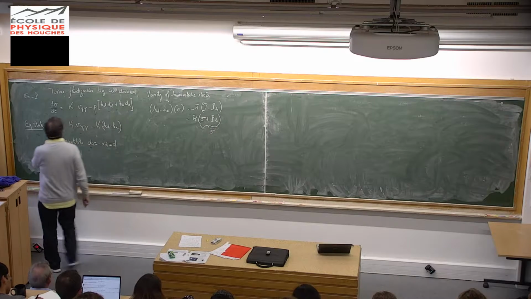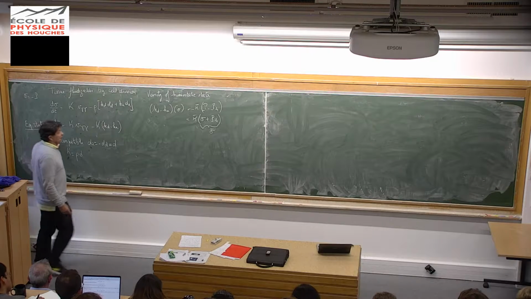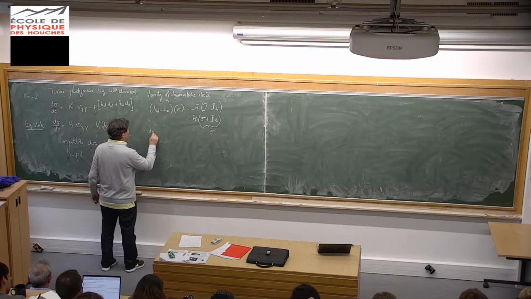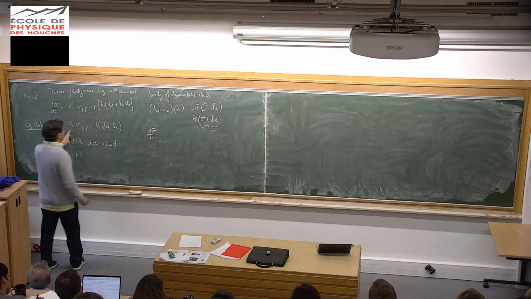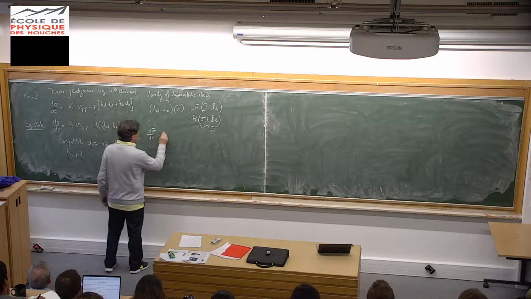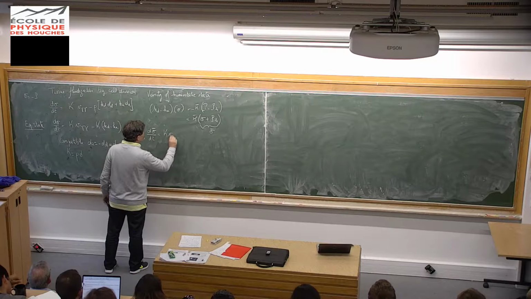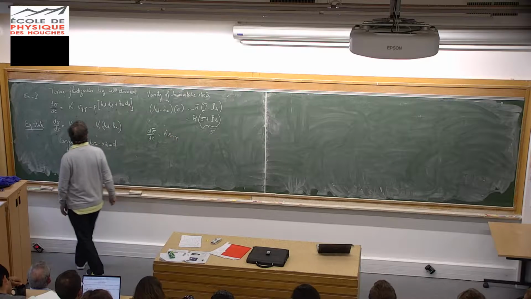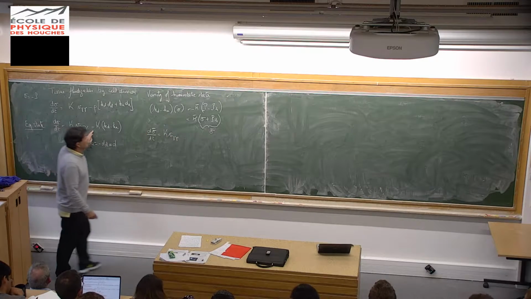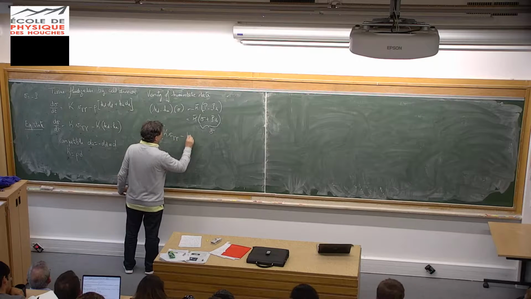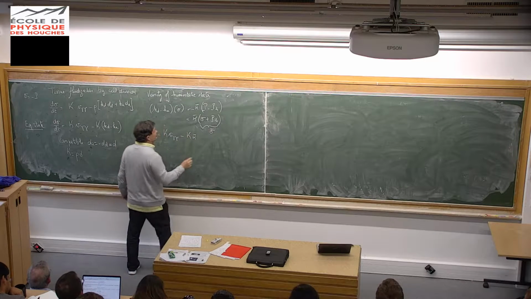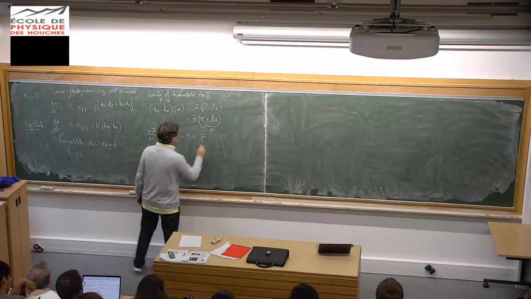So let me write back this equation here. d sigma bar dt equals K, compressibility, times V gamma gamma minus K kappa bar sigma bar.